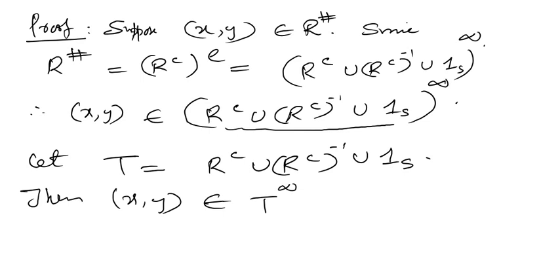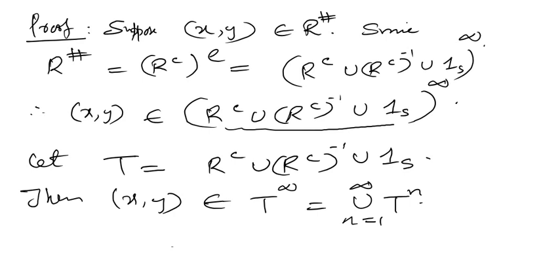What's this T infinity? It's actually the union of T power n, composition of T n times, where n runs from 1 to infinity. So first we see that this RC inverse is equal to R inverse C actually, and then this will be R union R inverse C.